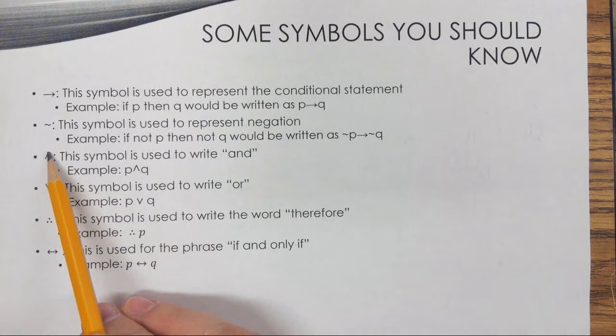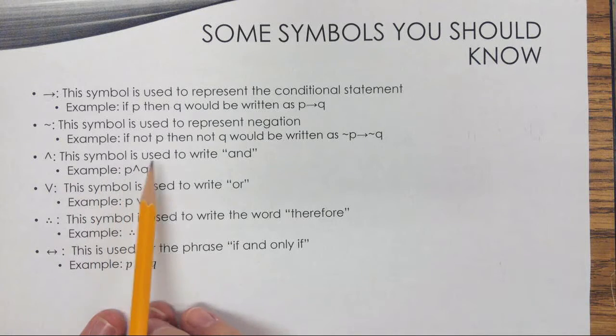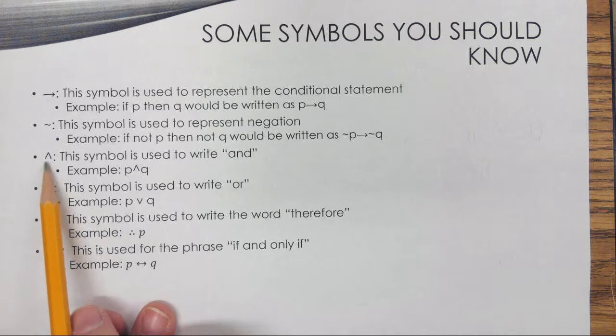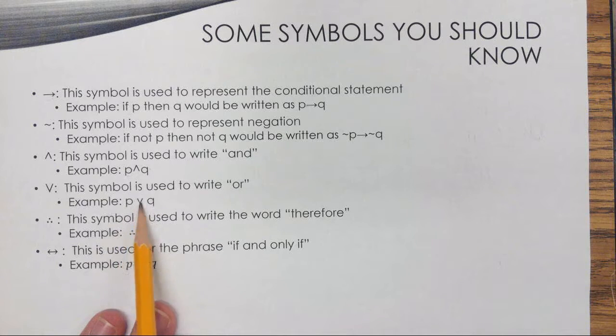If you see this little caret between two symbols, then this symbol is used to write the word and. Okay. So for example, I would say P and Q. Okay. The one that is flipped upside down or looks like a V, this is the symbol that I use to write the word or. So an example of that would be P or Q. So P V Q is P or Q.